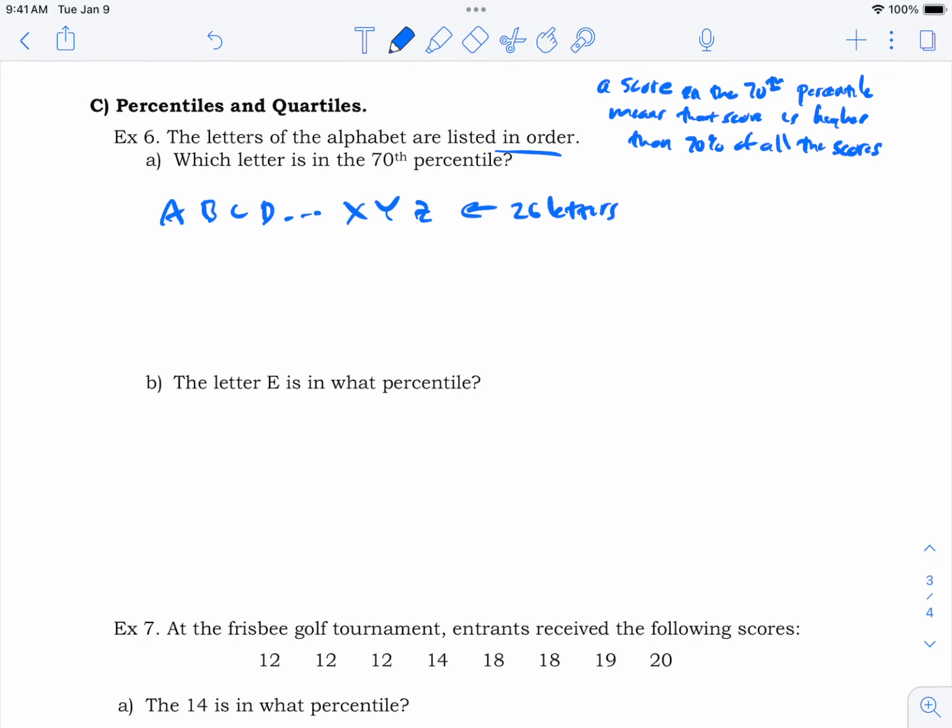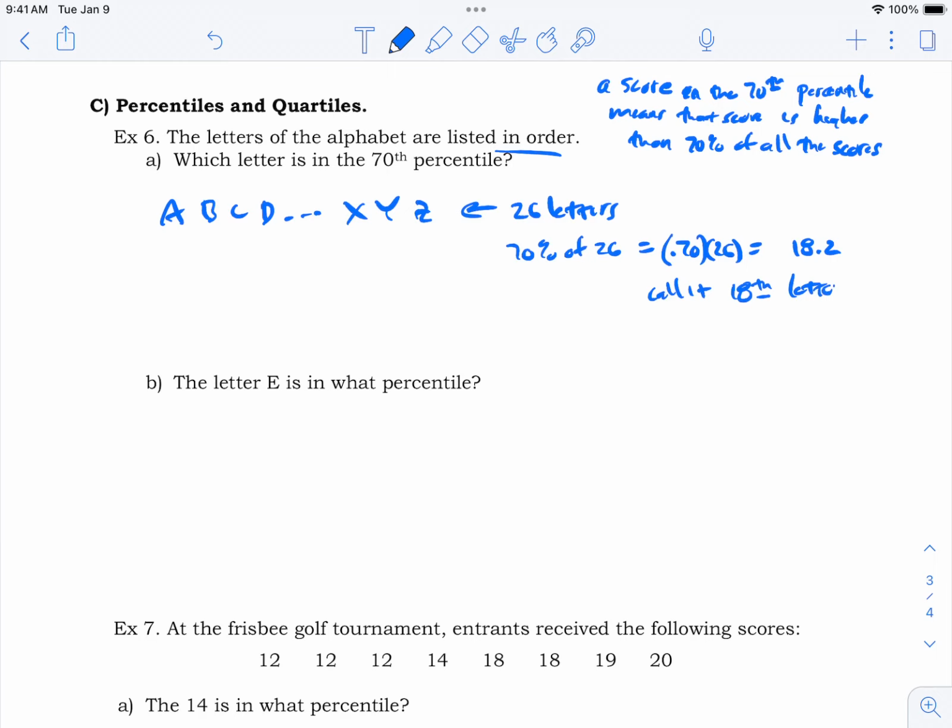If you kept walking 70% of the way across these 26 letters, you'd want to figure out where you are. So what is 70% of 26? Take the 70%, make it 0.7, multiply by 26. I'm getting 18.2. So call it the 18th letter.